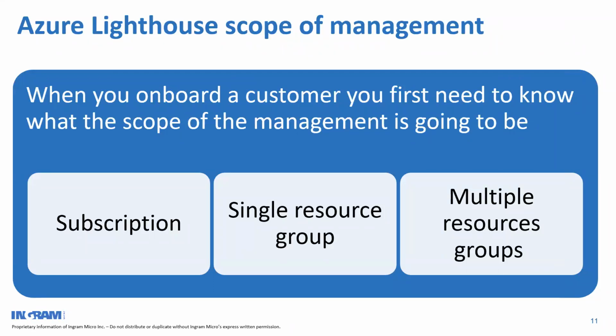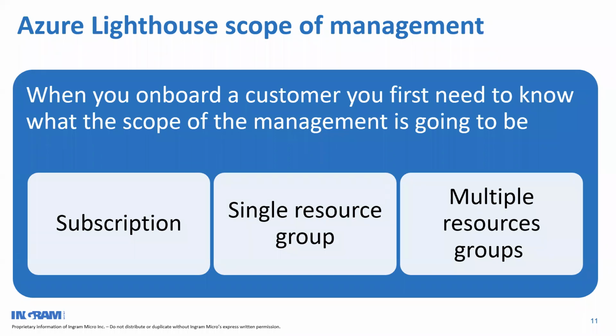You can manage the entire subscription, or you can manage a single resource group or multiple resource groups. So a customer can give you access to his full subscription, he can give access to a single resource group, or he can give you access to a couple of resource groups.